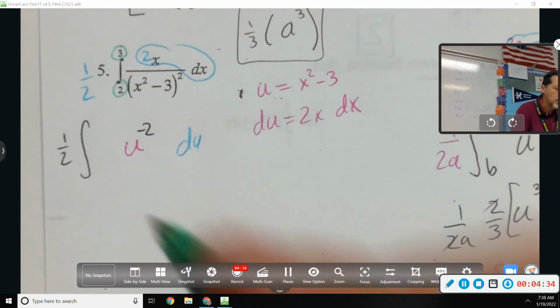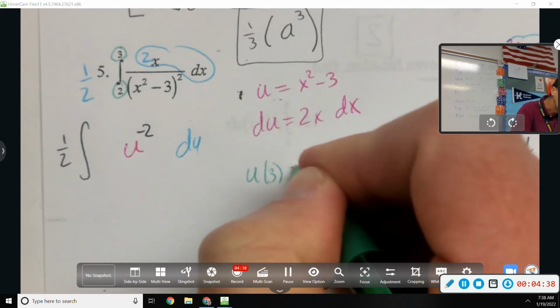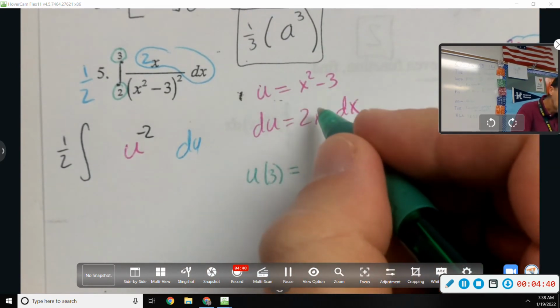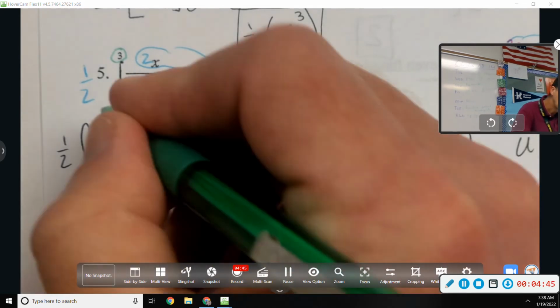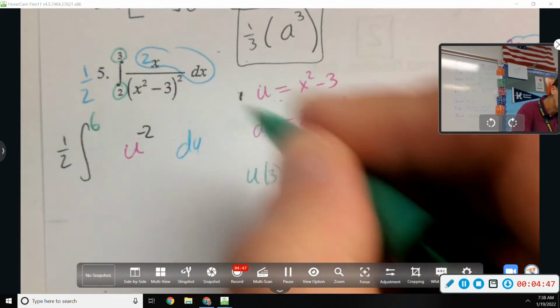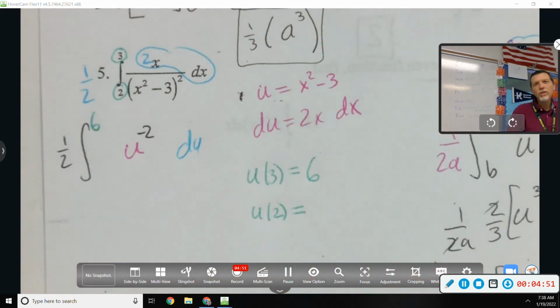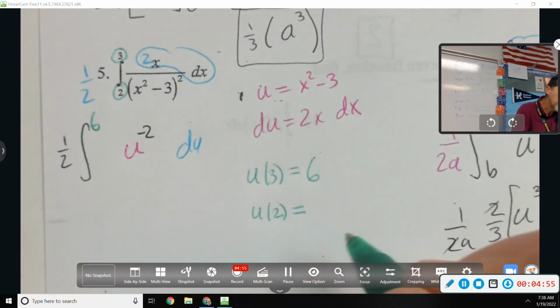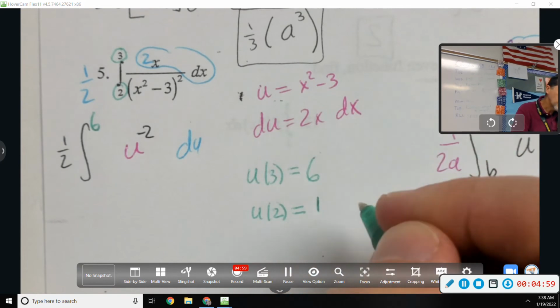It doesn't matter. But if I want to make this look right, I need to do the limits. So u of 3, that would be 9 minus 3 is 6. And u of 2, 4 minus 3 is 1.